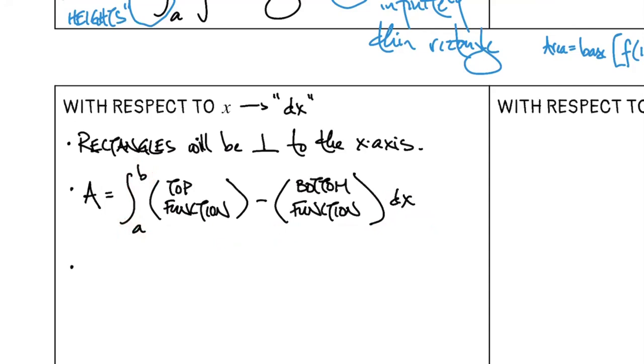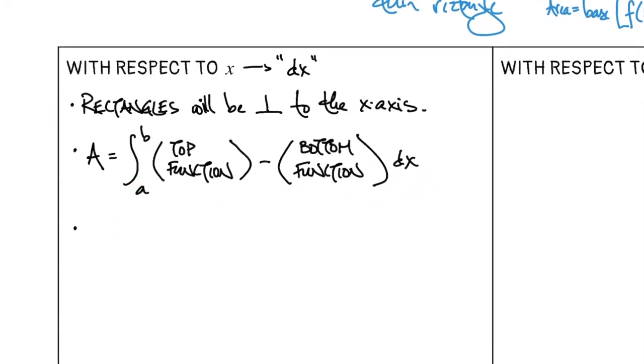I want to write down two more things here. A and B are x values. Now, these are things that we have sort of assumed to be true, and up until now it's always been the case. But especially after today's lesson, I would encourage you to go back and make sure you understand the reasoning of why we're choosing these.